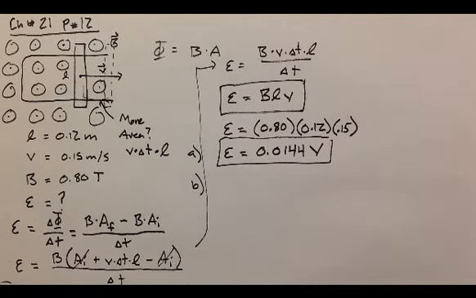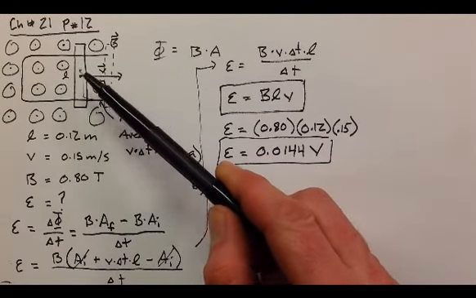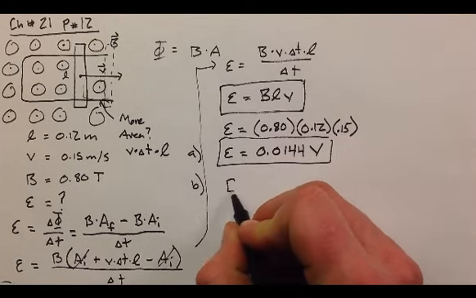Nice work. Part B says, what is the direction of the electric field felt by the electrons that are in this bar? So we know we have an induced voltage, and whenever you have voltage changes, you have an electric field. Okay? Well, we can use our equation.